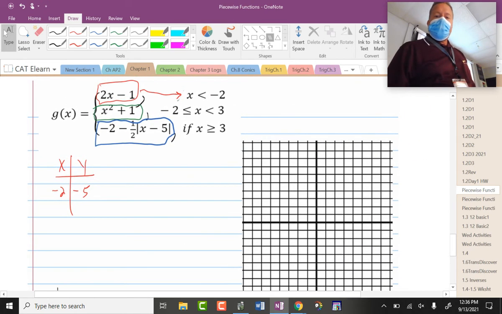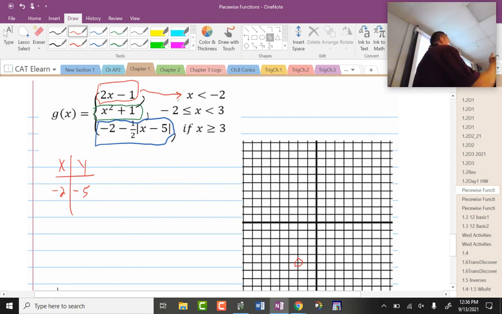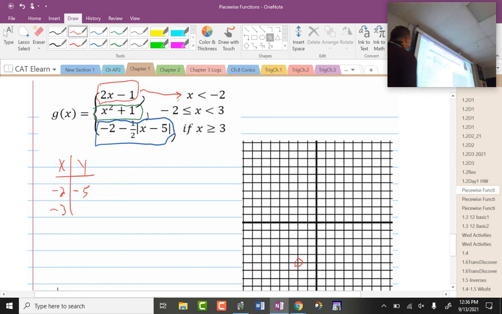Good. Negative 2, comma 1, 2, 3, 4, 5. And then I put an open dot down there. How many points do you need to make a line, Ella? Just how many? 2. So I'll plug in something else like negative 3. What's negative 3 times 2 minus 1? Making you guys evaluate, making you stretch out your brains mathematically.